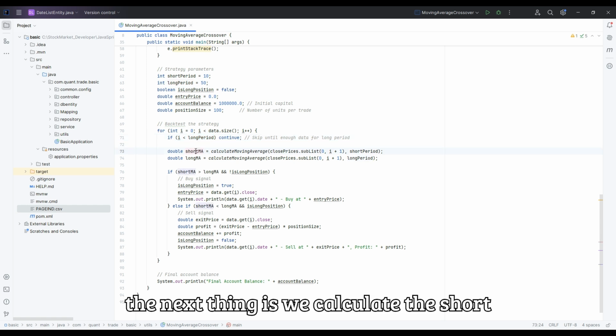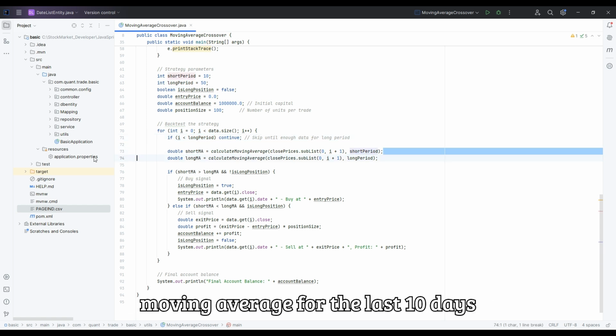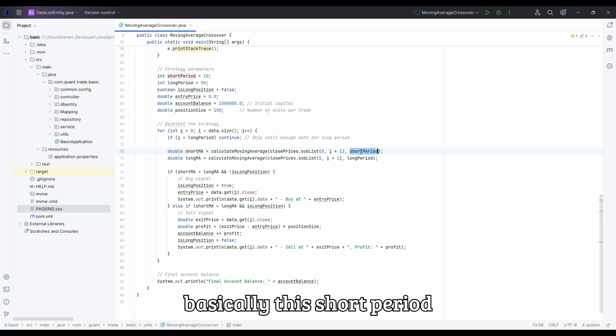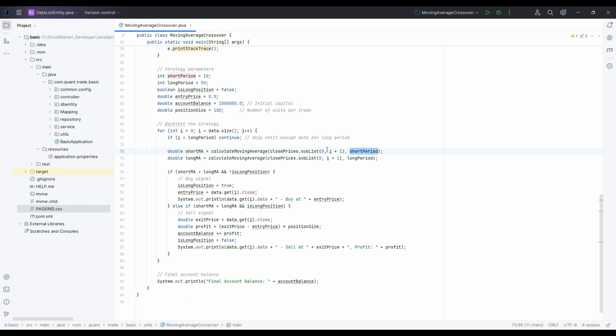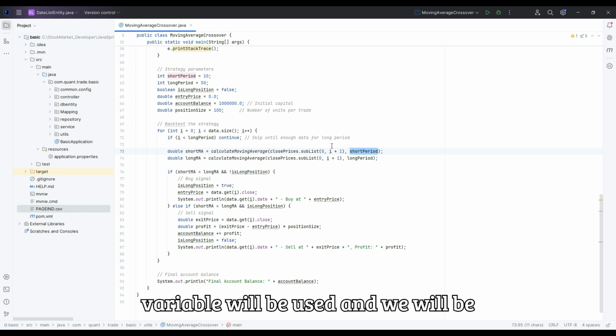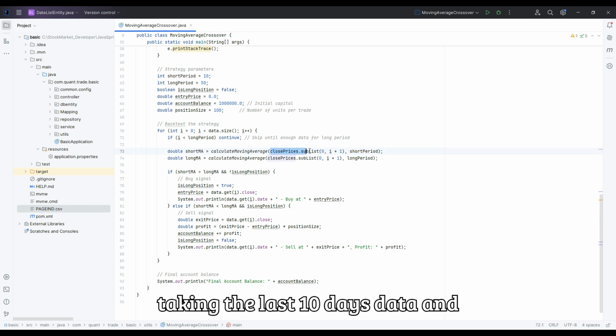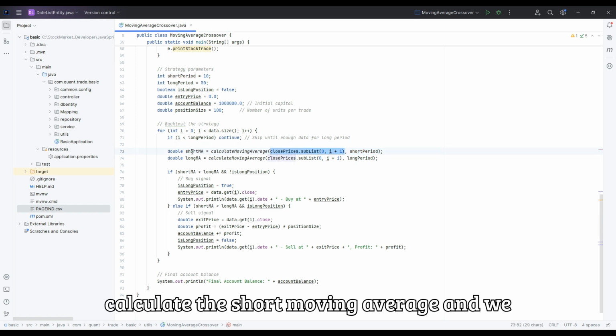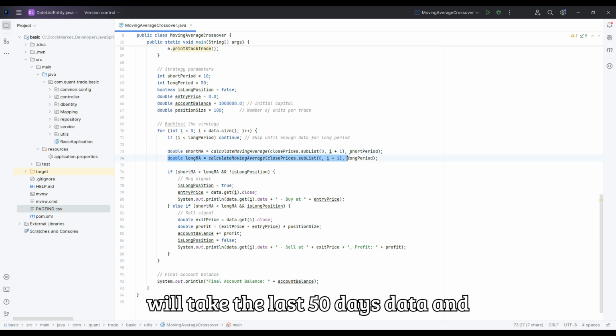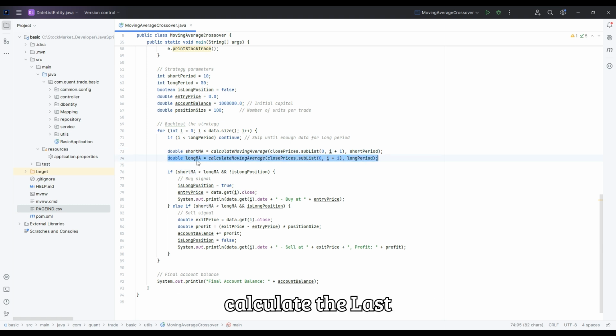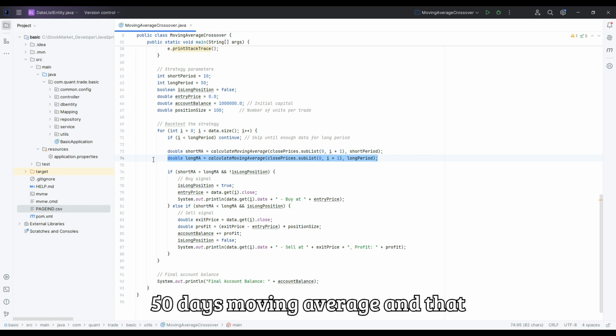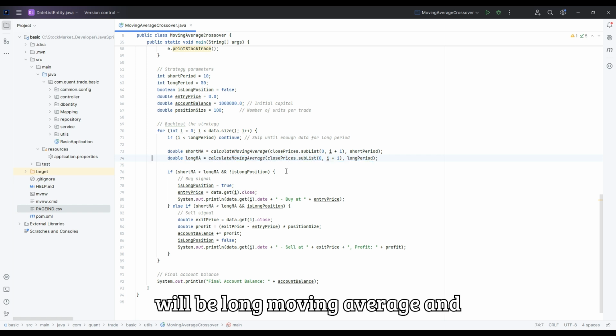The next thing is we calculate the short moving average for the last 10 days. This short period variable will be used, and we will take the last 10 days data and calculate the short moving average, and we'll take the last 50 days data and calculate the last 50 days moving average, and that will be the long moving average.